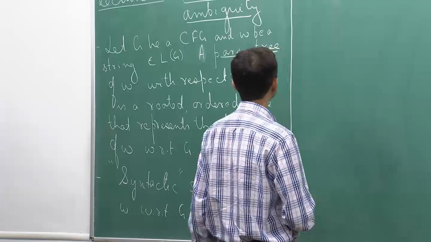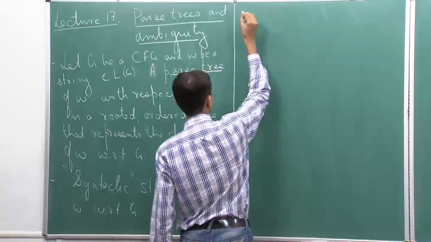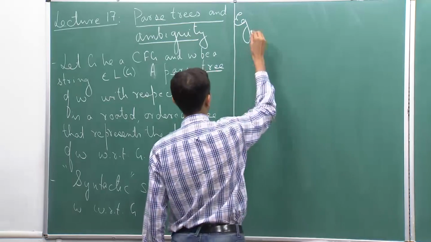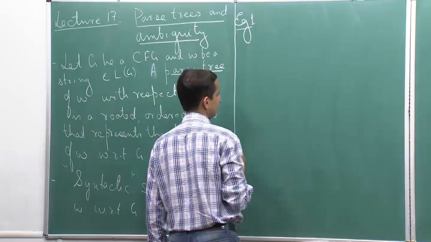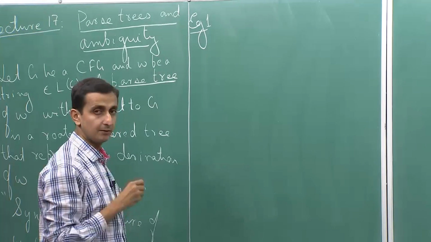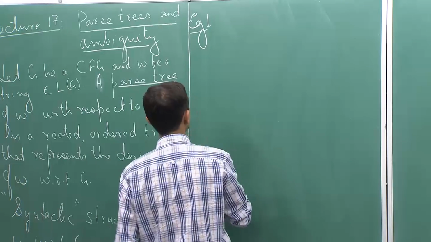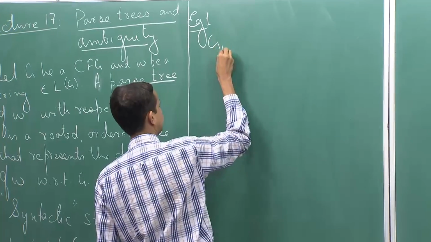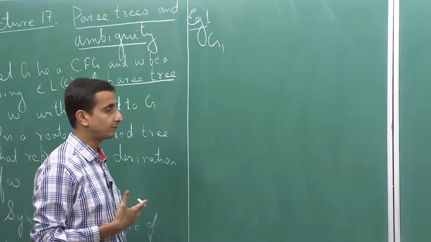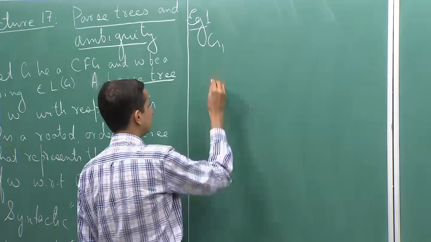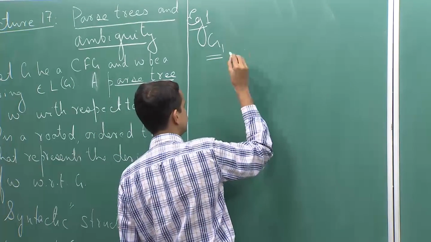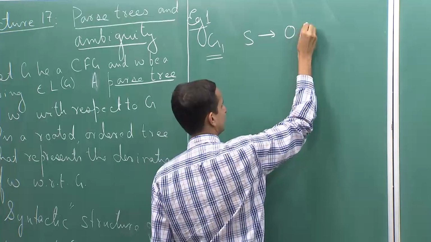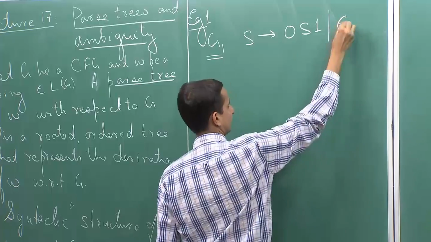So let's look at some examples. We will describe two grammars. The first example is a grammar G1, which is the grammar for the language 0 to the power n, 1 to the power n. G1 has the rules S going to 0 S 1 or epsilon.